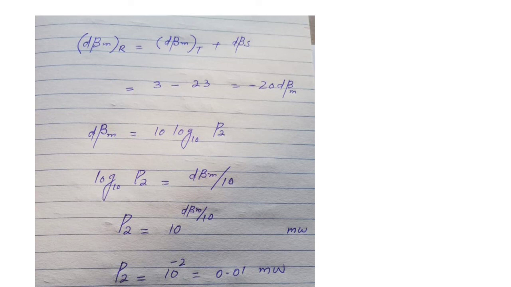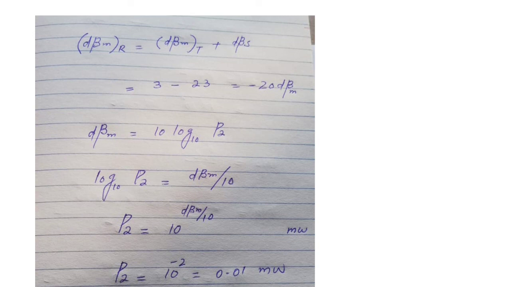So we put the values on the right hand side. The dBm value of the input power is 3, and the total loss of the system is minus 23. So the dBm value of the output power is minus 20 dBm.